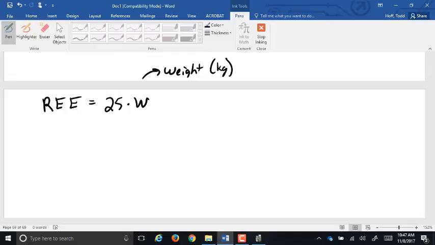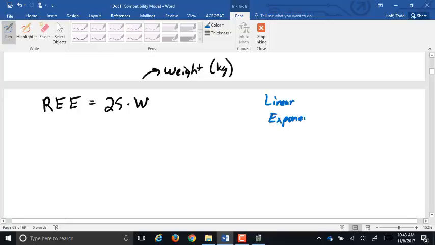So, first of all, what type of a model is this? We've talked about 2 types of models, linear and exponential. Would this be linear or exponential? Linear, very good.